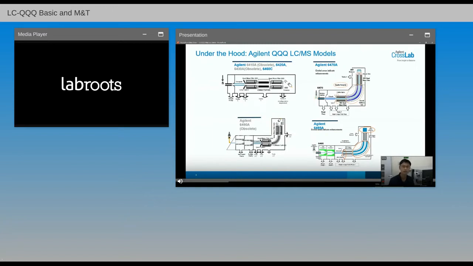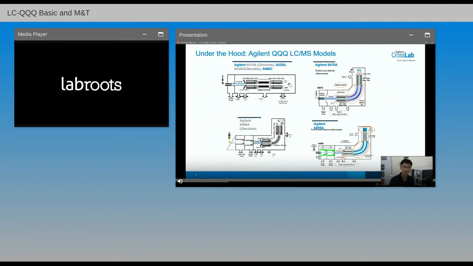The collision gas flows into the collision cell, and that's where the dissociation of the first selected ions happens. The last, the second mass analyzer, is the Q3, which does another specific selection. Therefore, when you have multiples of this kind of reaction monitoring, we term it MRMs.